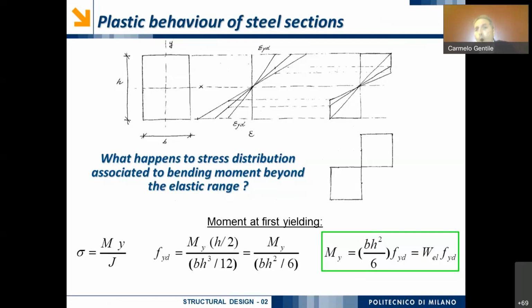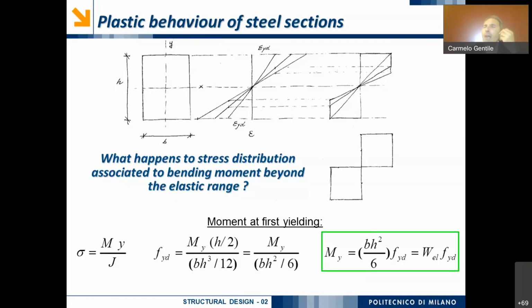Of course, in the limit, when the strain profile becomes horizontal, this is a conceptual limit. It cannot be reached exactly in practice because it means that the strain is equal to infinity.